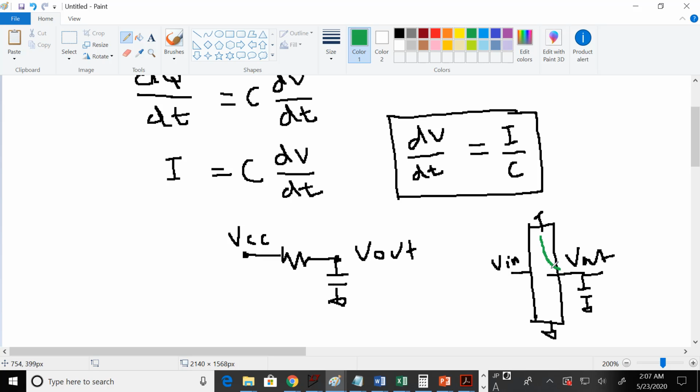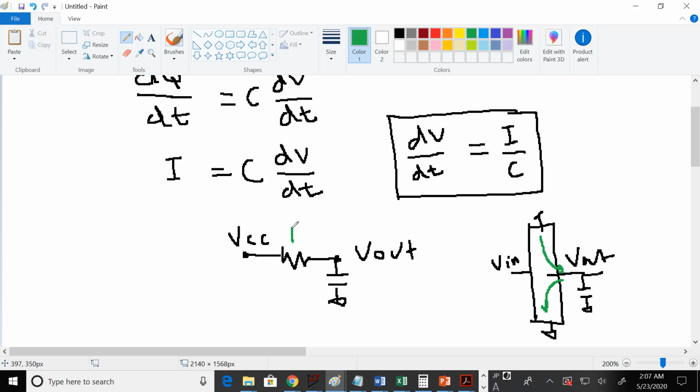Or if V in is telling this node to discharge, then there's going to be a path down to ground. So it all depends what V in is, whether it's charging up the capacitance or discharging the capacitance. But either way, these transistors limit the current and behave like a resistor.